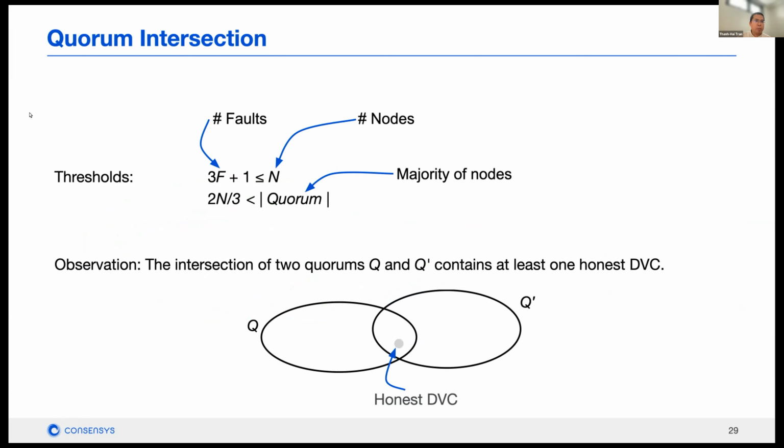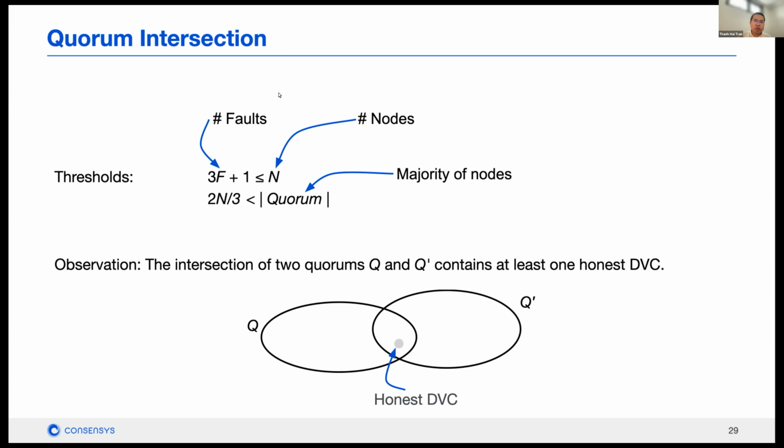And the next thing in our proof is about quorum intersection. In the DVT protocol, there are two important restrictions. The first one is that 3 times f plus 1 is less than or equal to n, where f is the number of faulty nodes and n is the number of nodes. The second one is about the quorum.